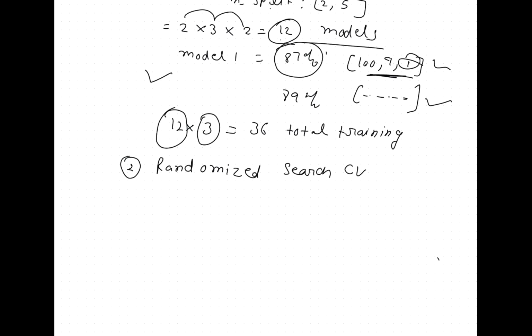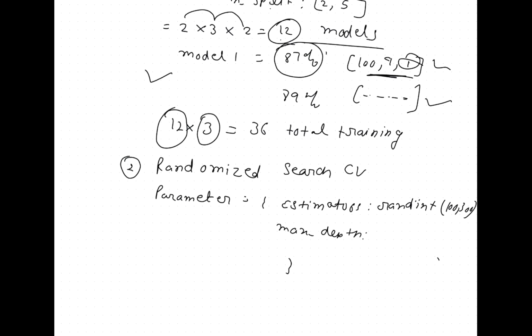Let's say you have picked the parameter n_estimators. You need to use randint here, 100 and 300. And then again, max_depth. The parameter names will remain the same. Only the processing strategy will be different.